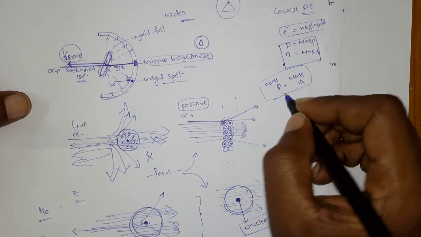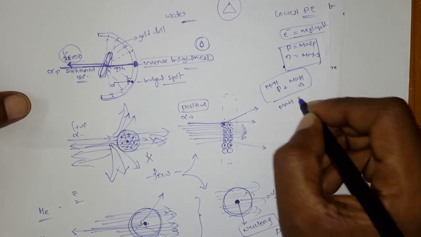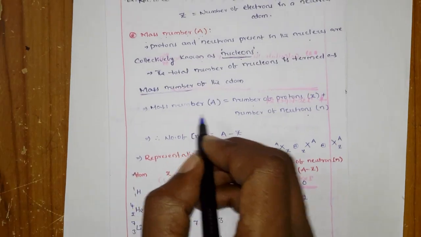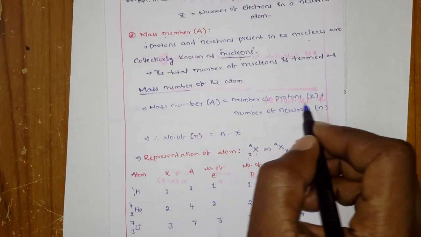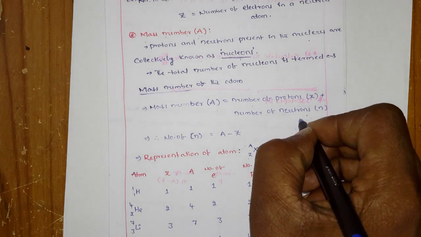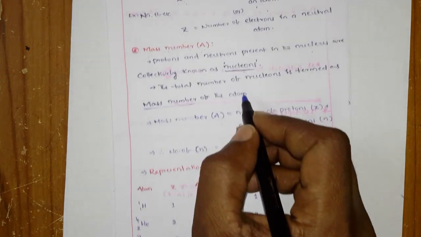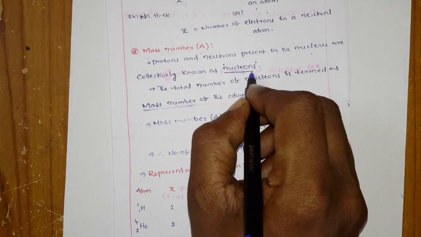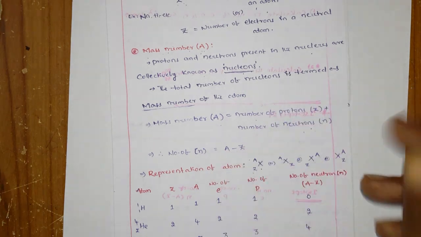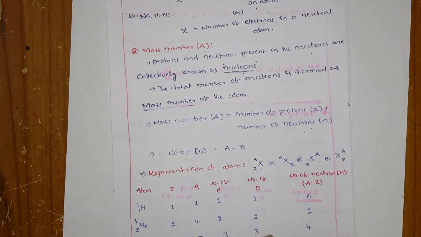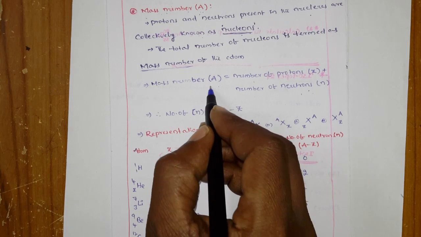That is the reason we call it the mass number. A is the number of protons plus the number of neutrons, and this combination can also be called nucleons, because they are present in the nucleus.